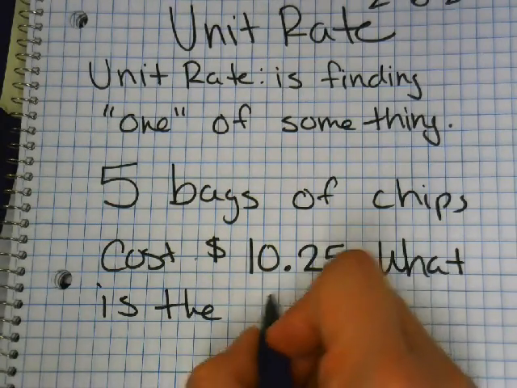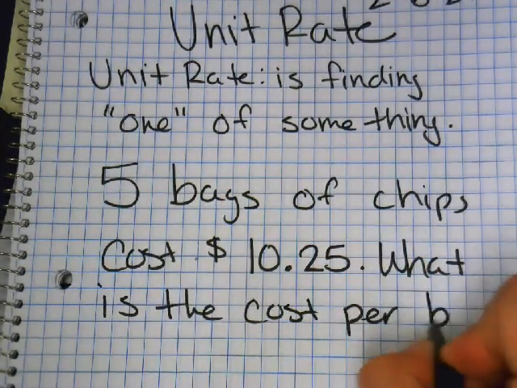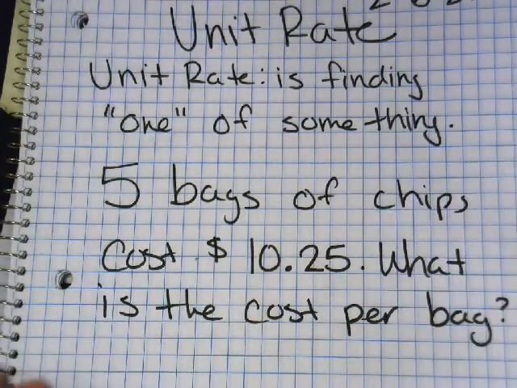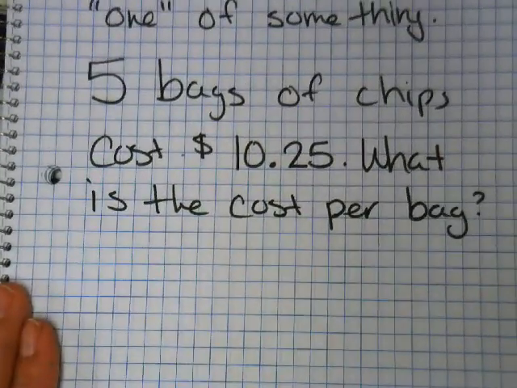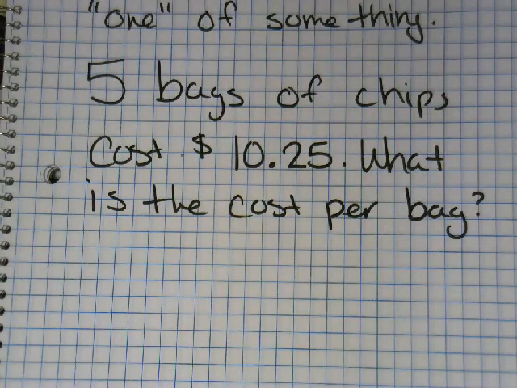What is the cost per bag? We're only writing 2 word problems today. 5 bags of chips cost $10.25. What is the cost per bag? $10.25 divided by 5. Yeah, well, let's hold off on that for a second.